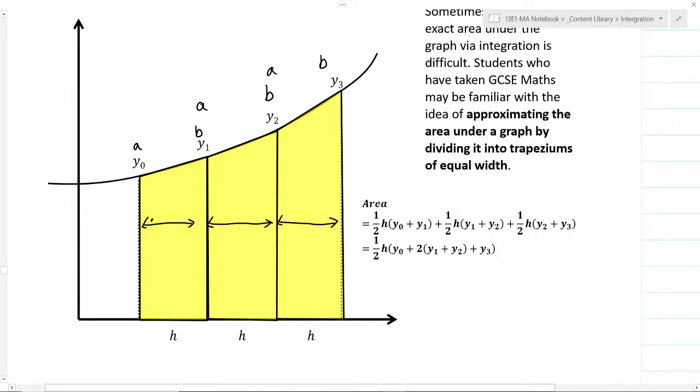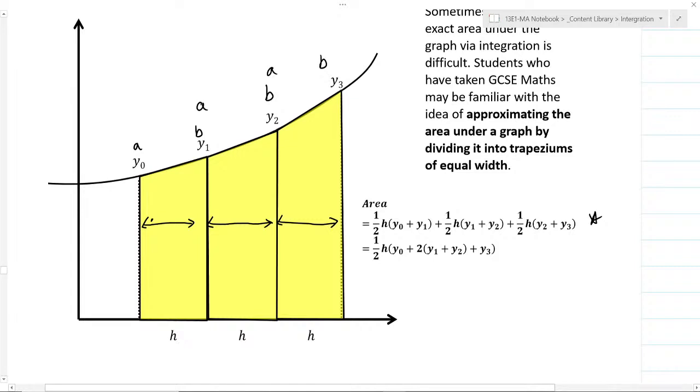So it's a half, y0 plus y1, times by h. That's this part here. And if you're simplifying this, you can take out the half and the h as a common factor. We've taken a half out as a common factor, we've taken h out as a common factor, and it leaves you with one of the first row here, because you include y0. You've also only got one of your last row.